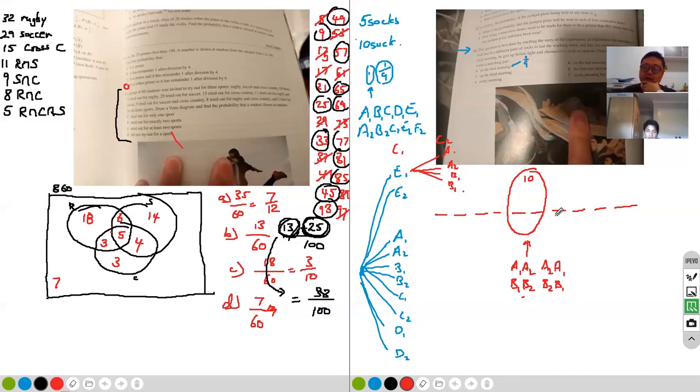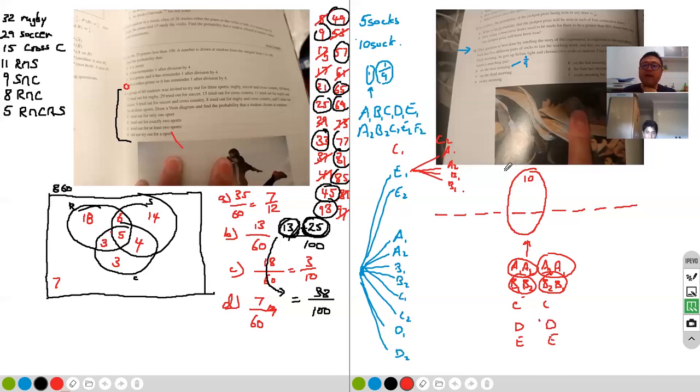So the answer is there are 10 ways of getting a matching pair on the third day. Makes sense? All right, because it's 1, 2, 3, 4, 5, 6, 7, 8, 9, 10.